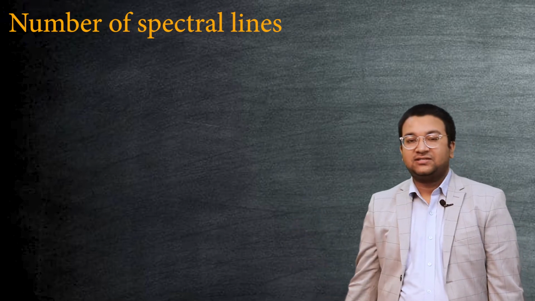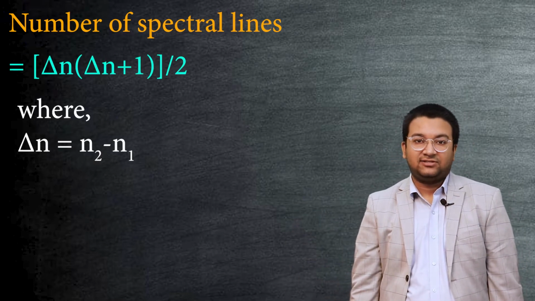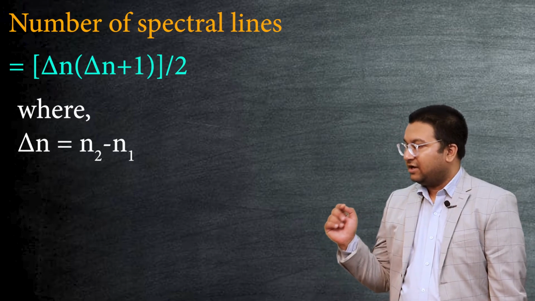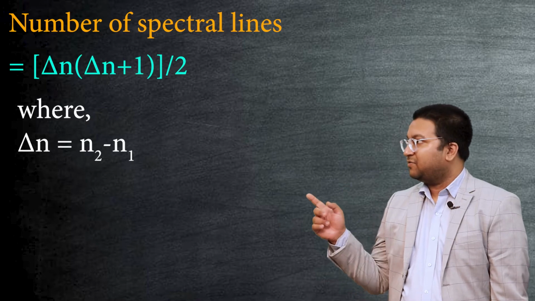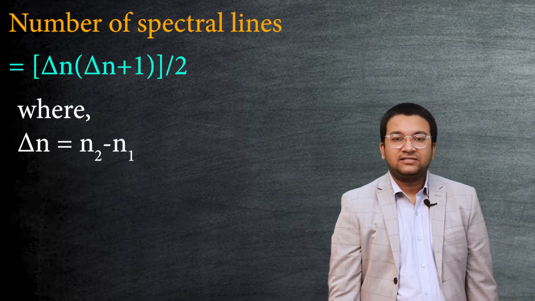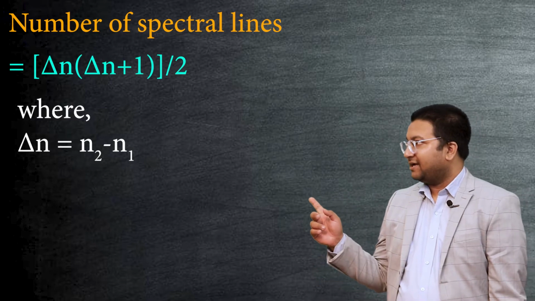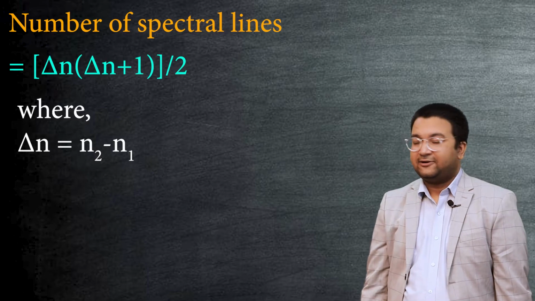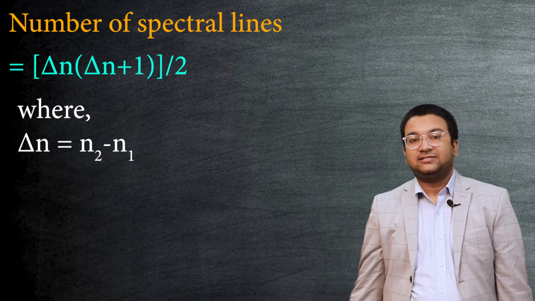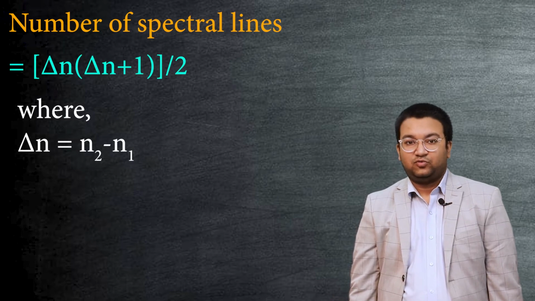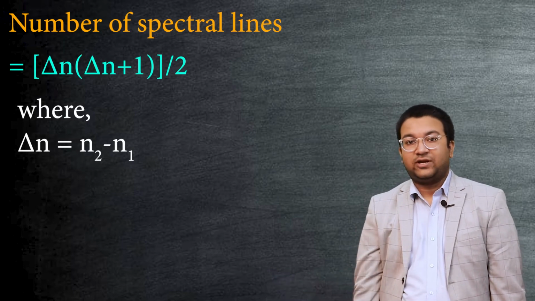If I ask you what is the number of possible spectral lines found when an electron transitions from N2 to N1, how do we do it? The difference is taken as delta n, which can be written as N2 minus N1. The number of spectral lines formula is delta n into delta n plus 1 upon 2, where delta n is the difference in the two energy levels.